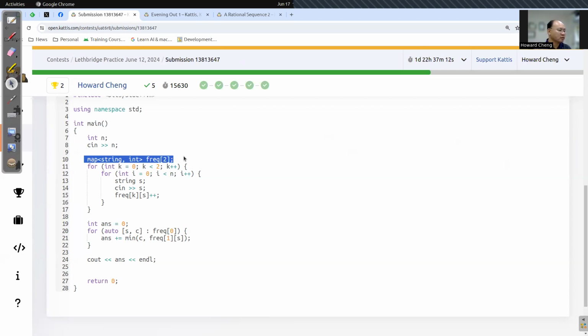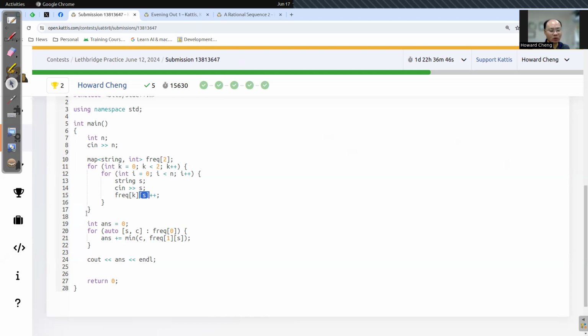For each one, I go through N times, read the string, and then frequency K, where K is the problem set 0 or 1, and S is the string that I just got, plus one, since I now have one more of that string. And now I'm going to match them up.